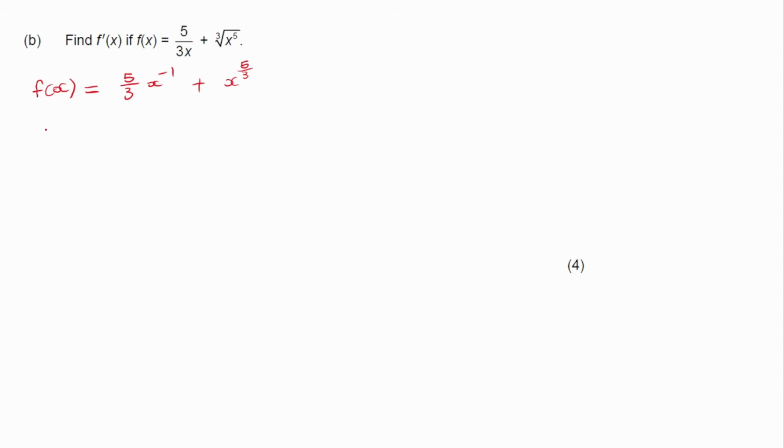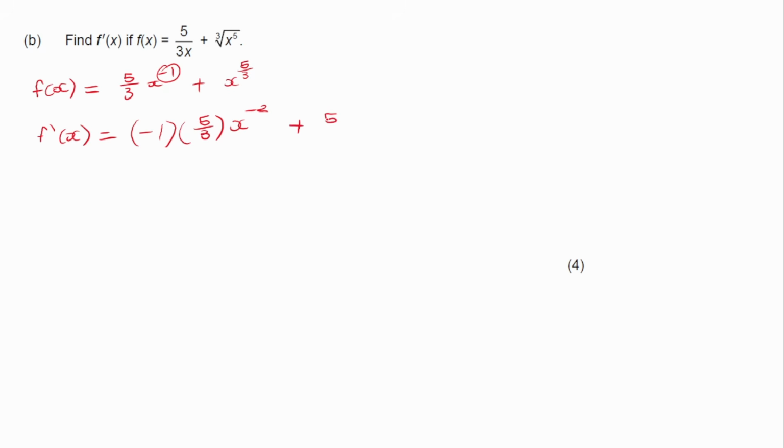So now that it's in a more workable form, we use our rules of differentiation. So what we do is we take the power of x, this thing, and we put it in the front. Okay, so we multiply it with this thing, and we keep our coefficient. And then what we do is we decrease the power by 1. So we say minus 1, minus 1.